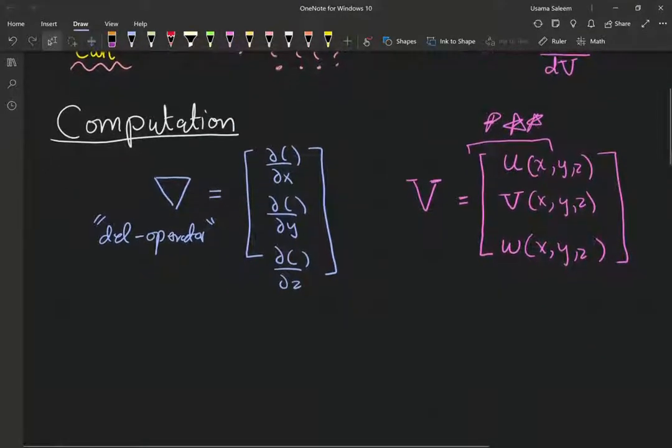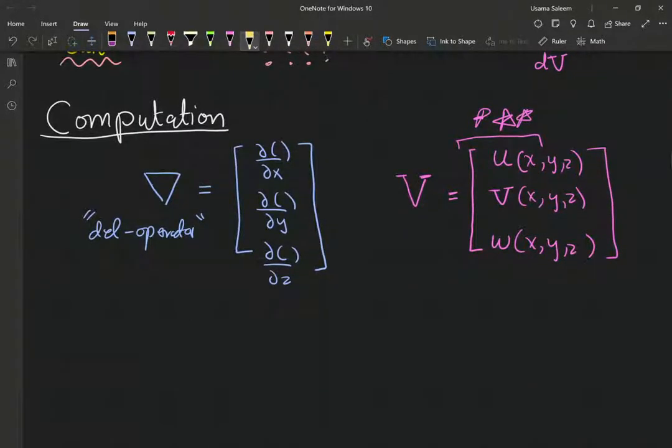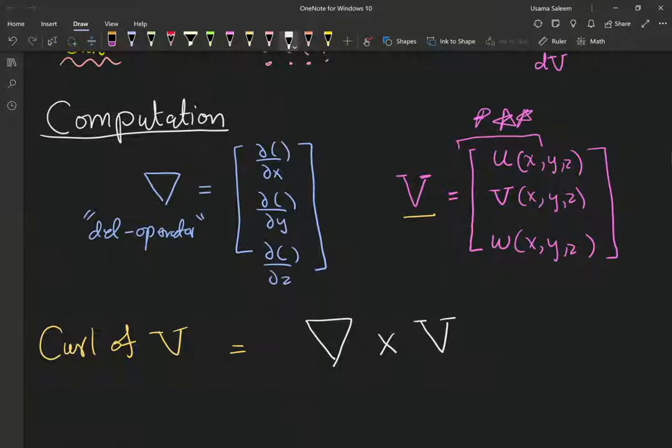Computation. When somebody says curl of v, as in the velocity field that I have here, we don't mean a bicep curl, do we? They're just saying you take your del operator and cross it with the velocity field, the cross product.